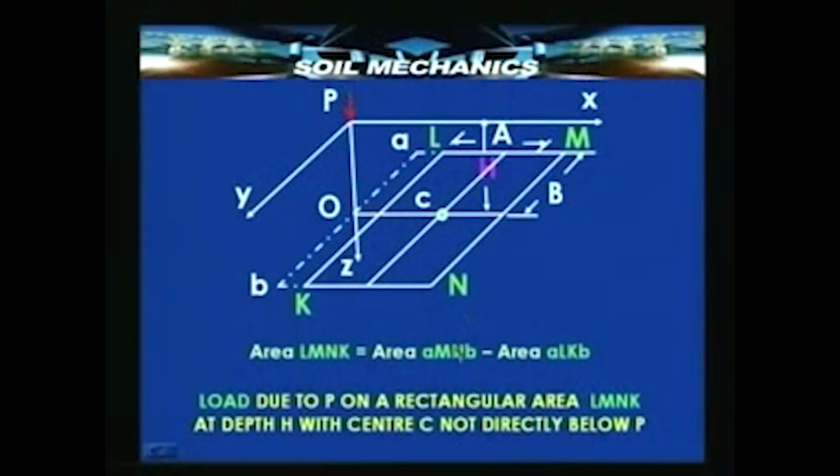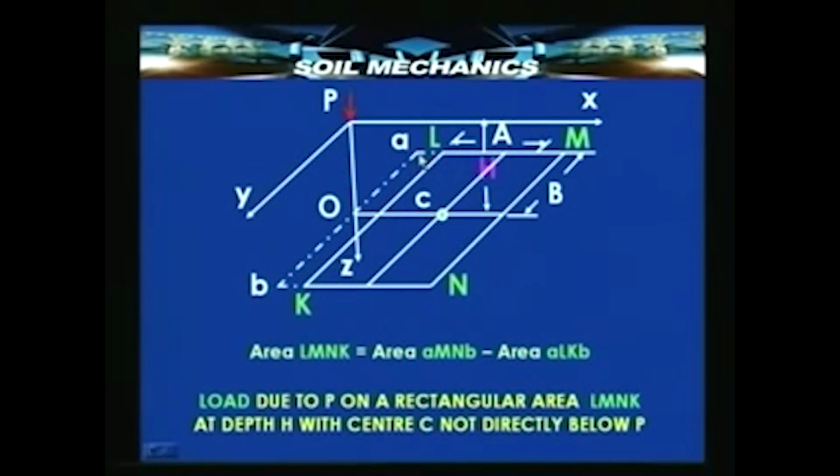So, for example, if we divide this LMNK into an area AMN small b and subtract from that area small a capital L K small b, we have in effect two areas, each one of them has the point O lying at the corner of two rectangles.